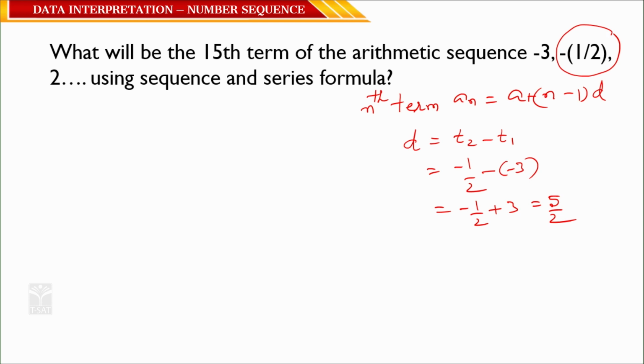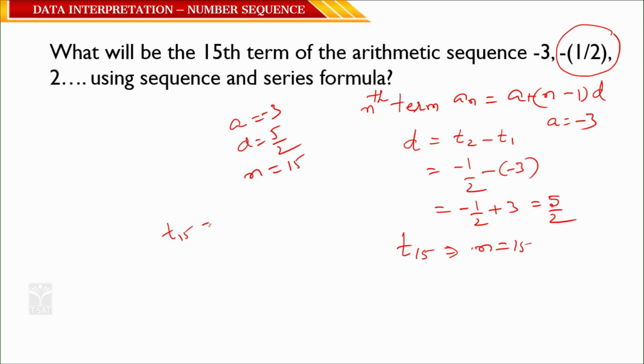Okay. So, we know the value of a, that is minus 3, and d is 5 by 2. What is required here? The 15th term, T15, so n is equal to 15. We know all the information for the formula.